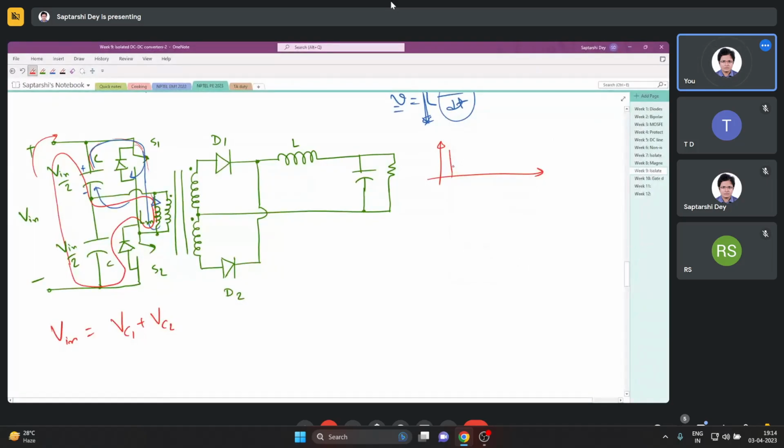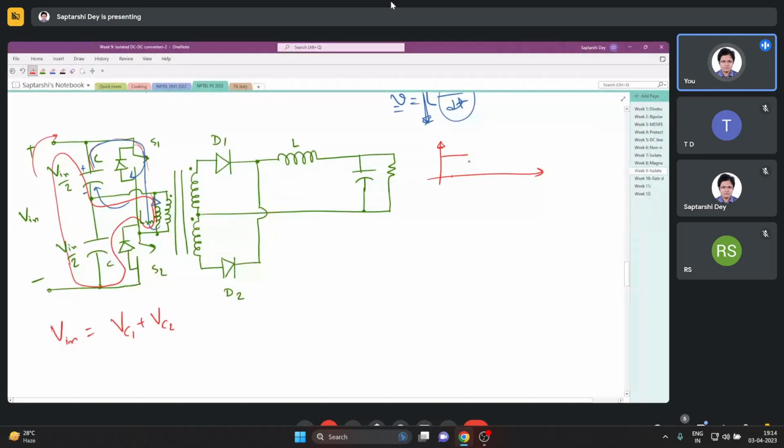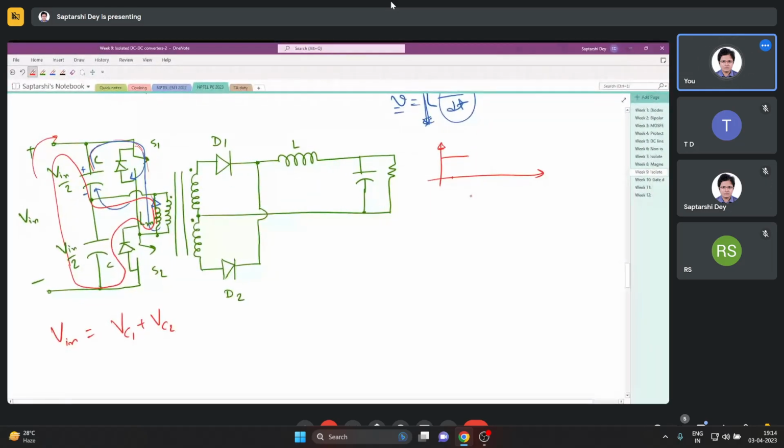If you see the primary voltage, what kind of primary voltage are we expecting? We are expecting a primary voltage like this. When the switch is turned on, a short-time negative voltage for reset, another like this.